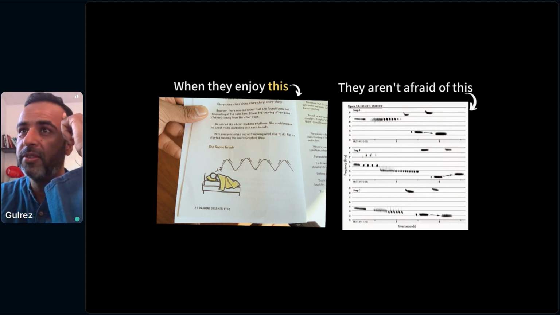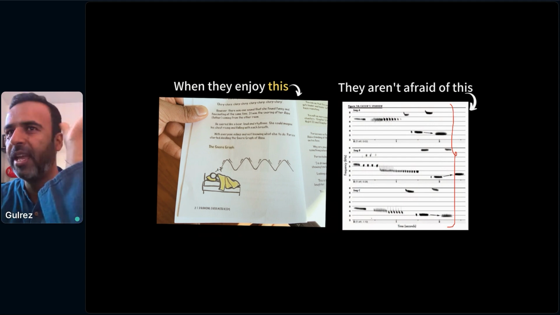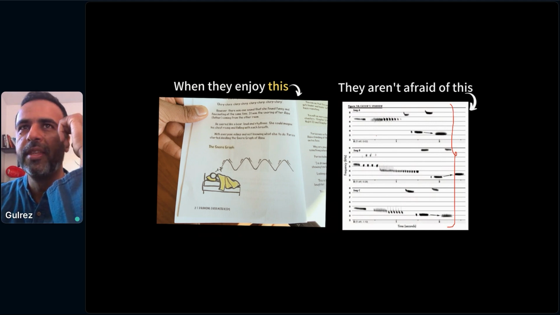So this is another example. The other day, my daughter was sitting on the couch and she said, Abu, come. She was looking into this particular book called Birds of North America. And here she was looking at this graph, where the x-axis is the time in seconds and the y-axis is the frequency. Basically, this graph is used to identify the species of the birds.